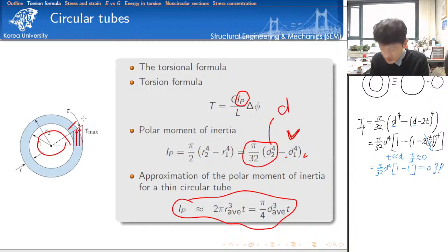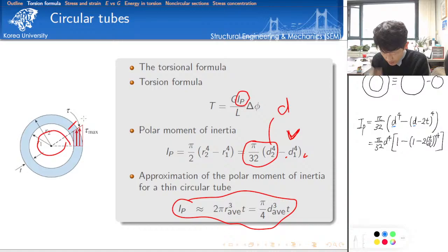So it's trivial, which means my approximation is not good. We don't want to have a zero value, so this approximation is not correct. Then what do we do? Instead, we need more terms rather than this rough approximation.